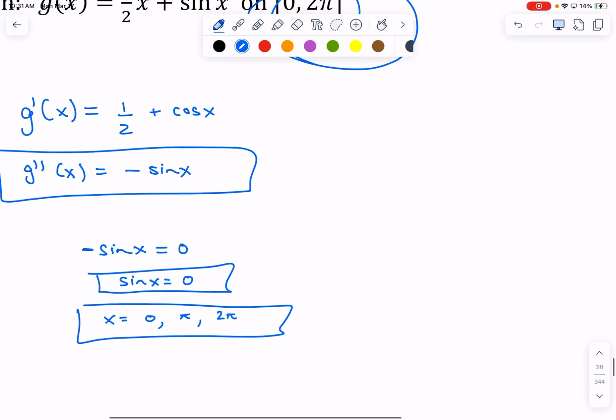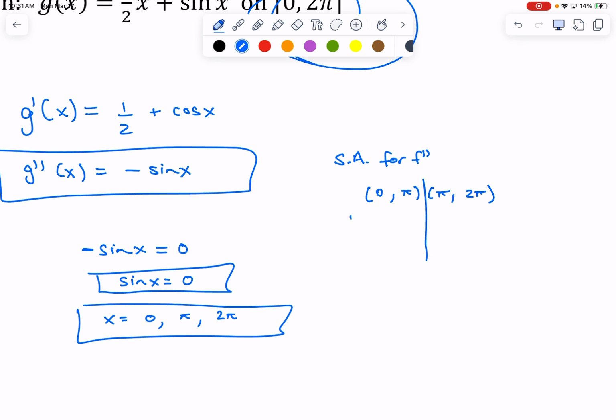I'm going to split the interval for my sign analysis for my second derivative. What would the intervals be? 0 to pi, and pi to 2 pi. Is that it? All right, what value do you want to test? I'm going to test pi over 2. You've got to test unit circle values.